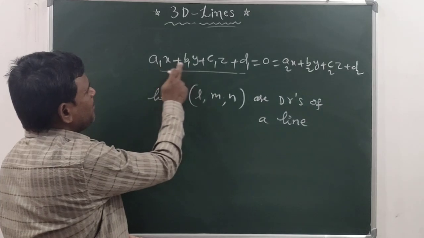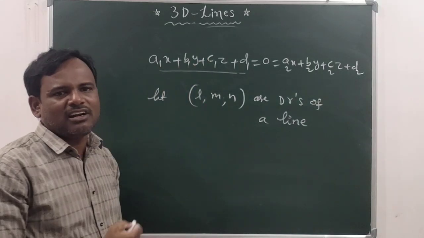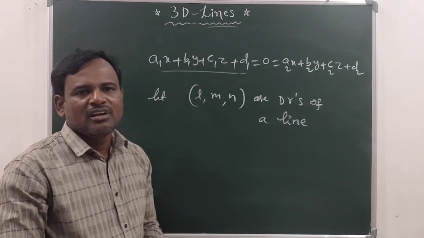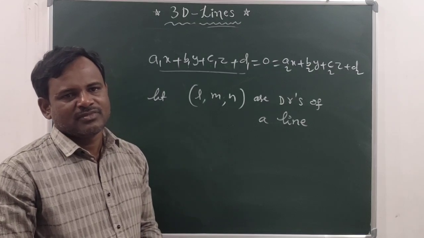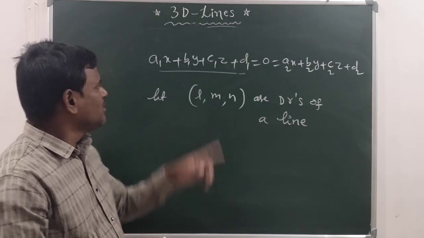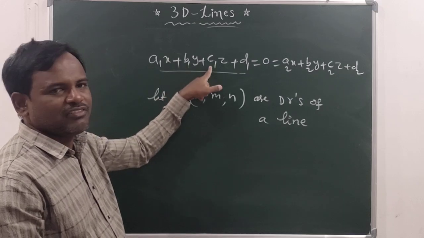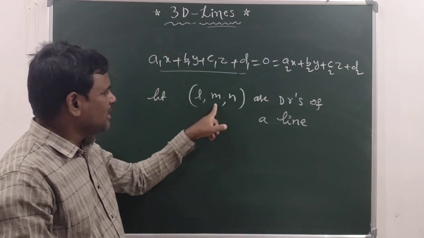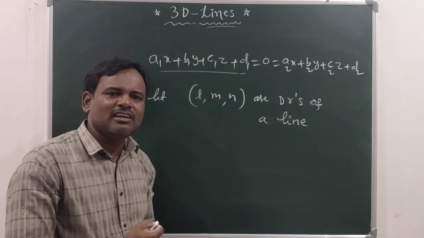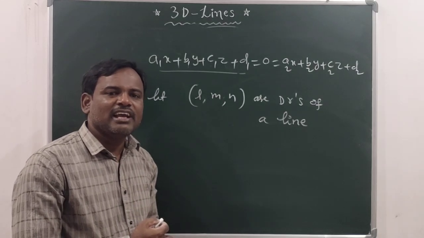For this plane, a1, b1, c1 are called what? DRs of whose normal. So here a1, b1, c1 are the DRs of the normal, and l, m, n are the DRs of a line.